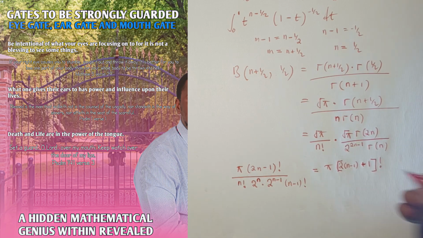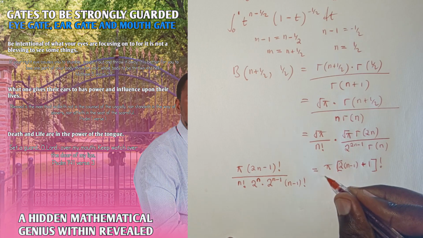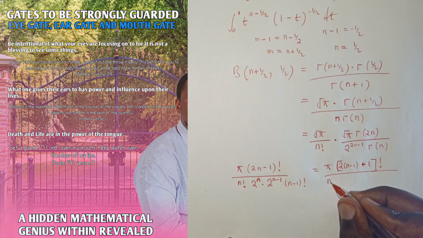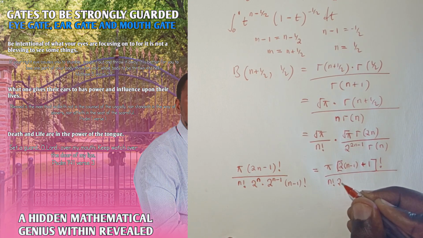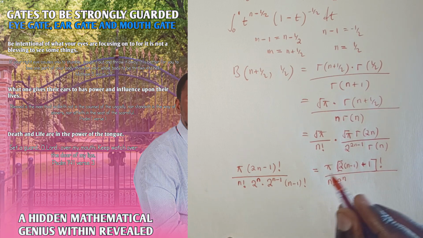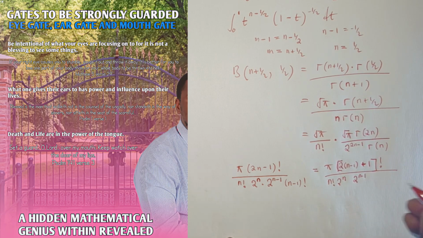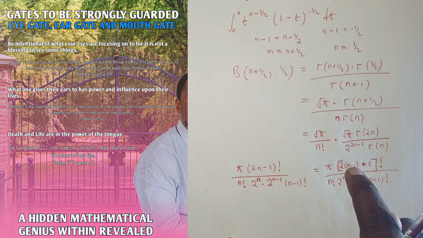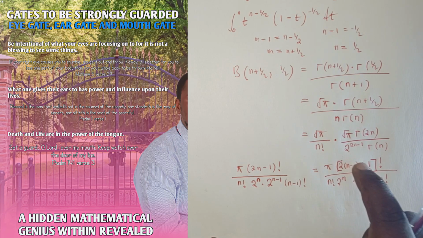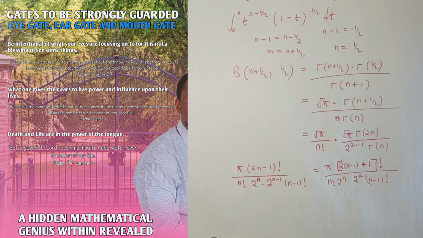So here we have a factorial. Then over here we have n factorial, then 2 to the power n, which gives the even double factorial. Then again here we have 2 to the power n minus 1 and n minus 1 factorial. These two, if you divide inside there on the numerator, give a double factorial.